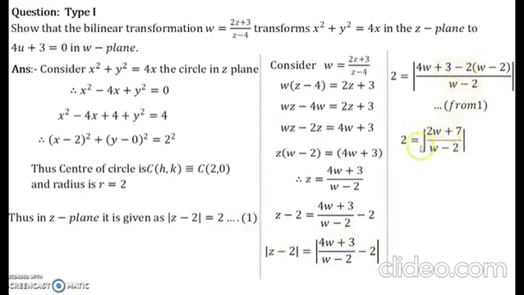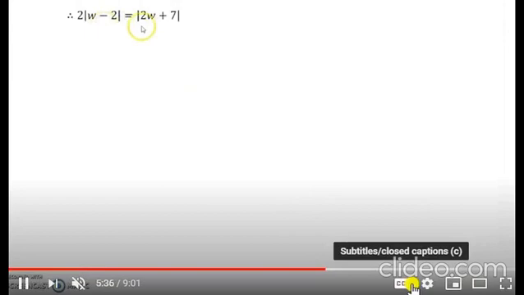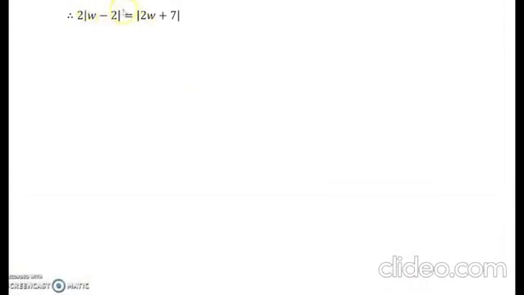The simplification gives 2 = |(2w + 7)/(w − 2)|. I'm splitting the modulus into numerator and denominator separately; we can do that. Next, we are cross multiplying the denominator to the left-hand side. We will get 2|w − 2| = |2w + 7|.